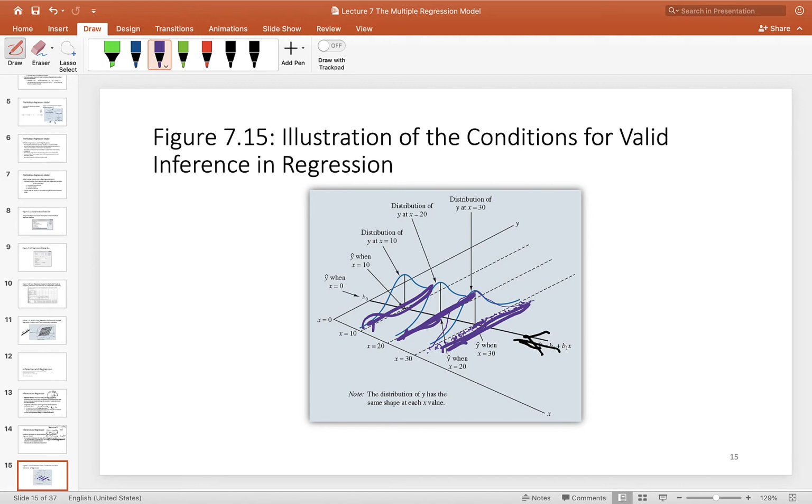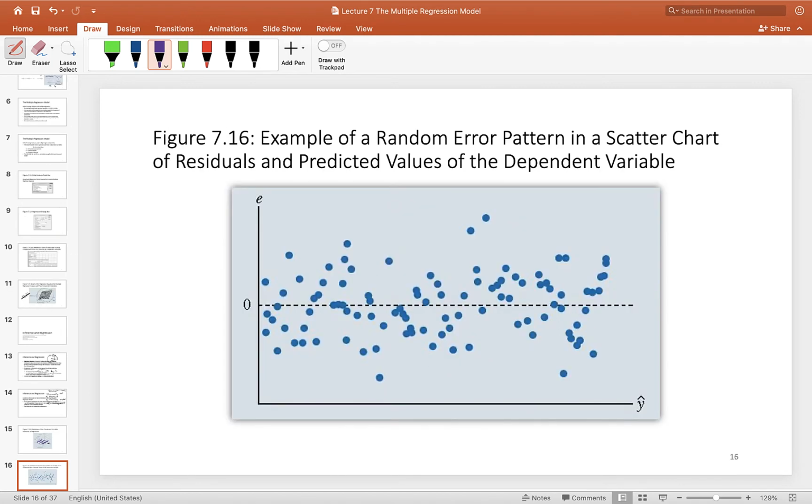Let's look at a further schematic and see, if we had an actual example and we plotted the residuals, what they would look like. If this is what our residuals look like, what would you say? Would you say that it appears that the conditions are not being violated for us to be able to use this regression analysis? Remember the conditions that we just spoke about are normal distribution, mean 0, equal variance, and independence.